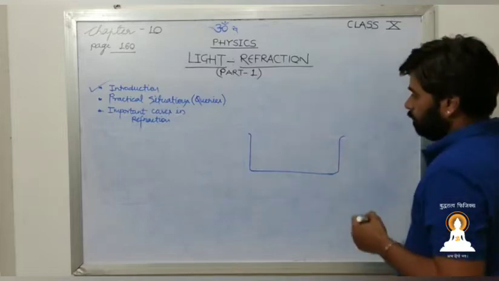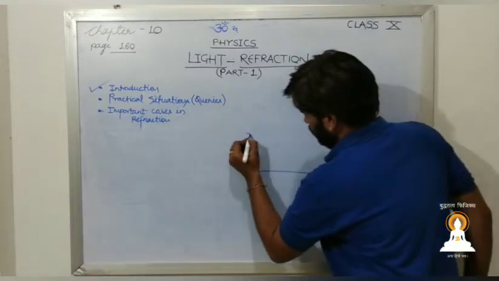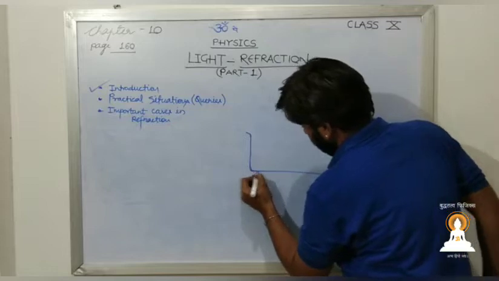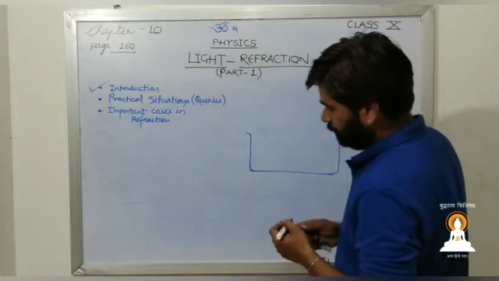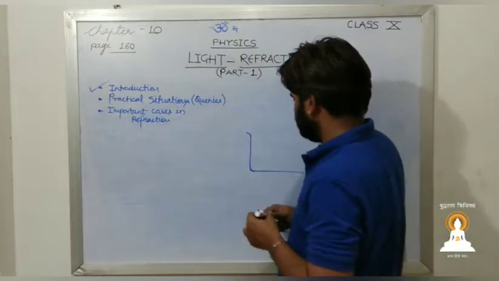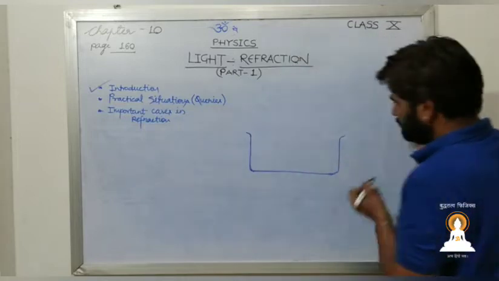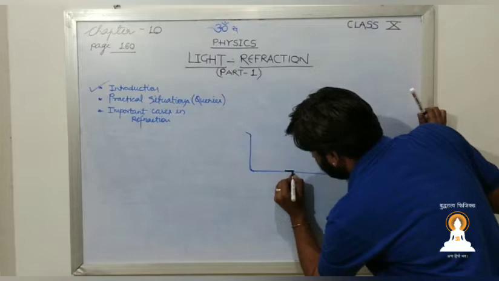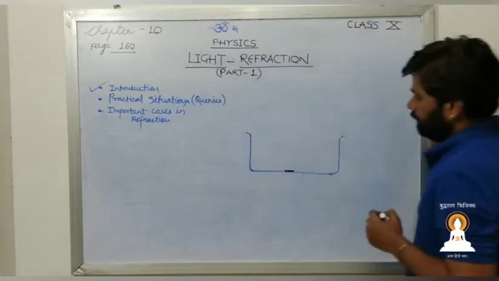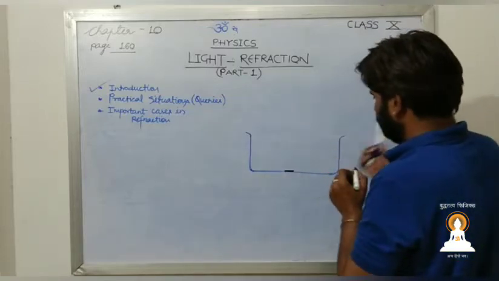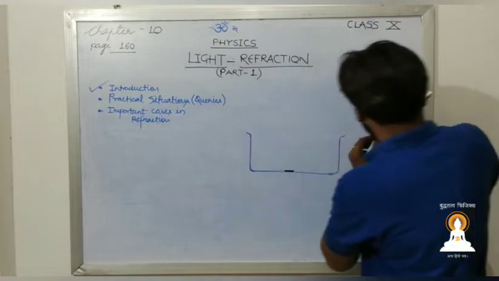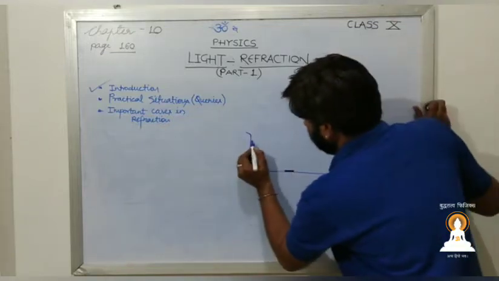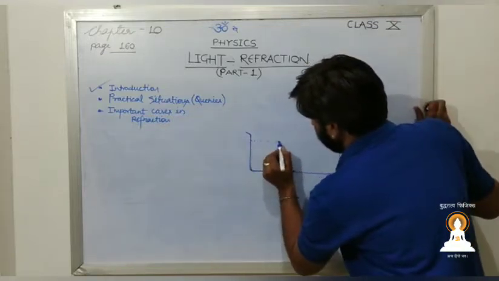Now this thing I think you have already done, and one activity, activity number 10.7, is similar to this one, in which they are saying that suppose a coin is there, and this particular bowl is filled with water.